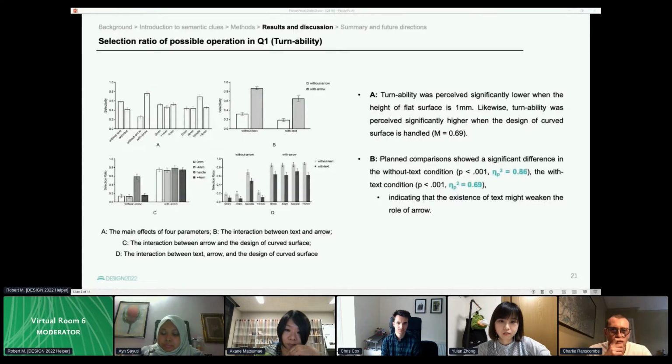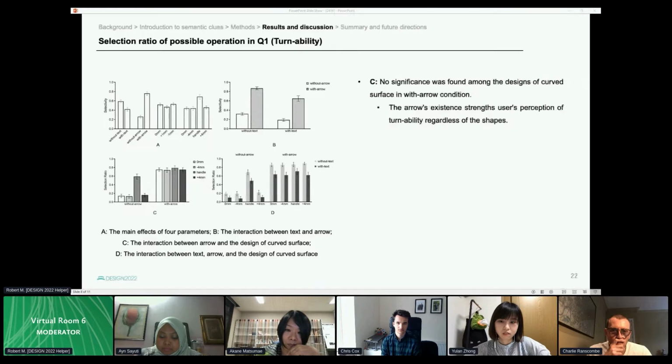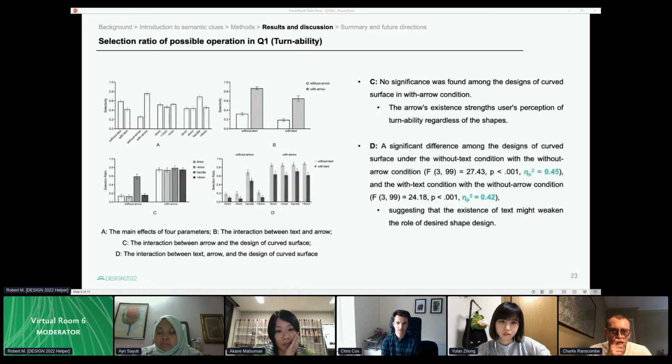Pairwise comparisons indicated that the existence of text might weaken the role of the arrow. No significance was found among the designs of the curved surface in the with-arrow condition, indicating that the arrow strengthens users' perception of tunability. A significant difference was found among the designs of the curved surface under both the without-text without-arrow condition and the with-text without-arrow condition.